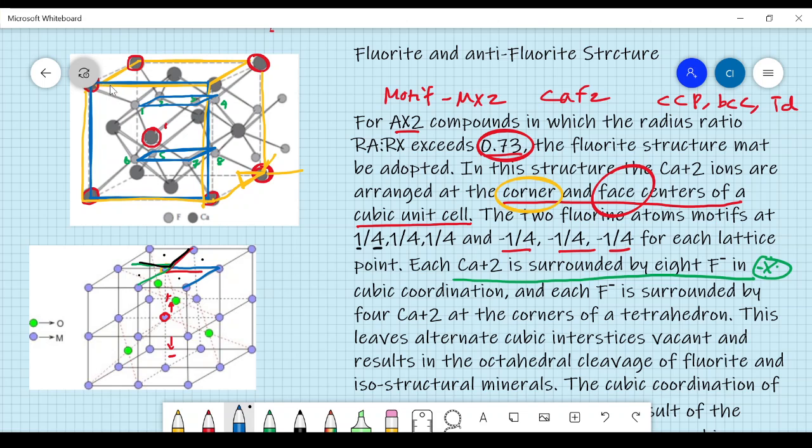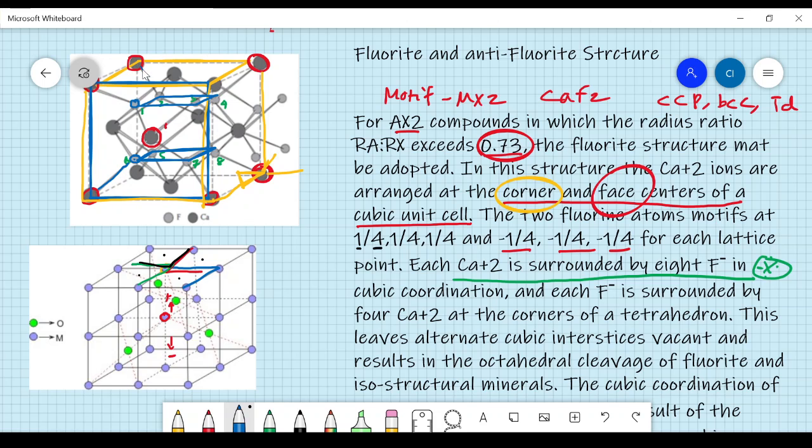If you look at this particular face, which I have drawn blue here, calcium atoms occupy the corners. The centers of the faces have one more calcium atom, but apart from that, some distance from there, you will have an atom that is fluoride. Likewise, some distance from there, you will have another fluoride atom.